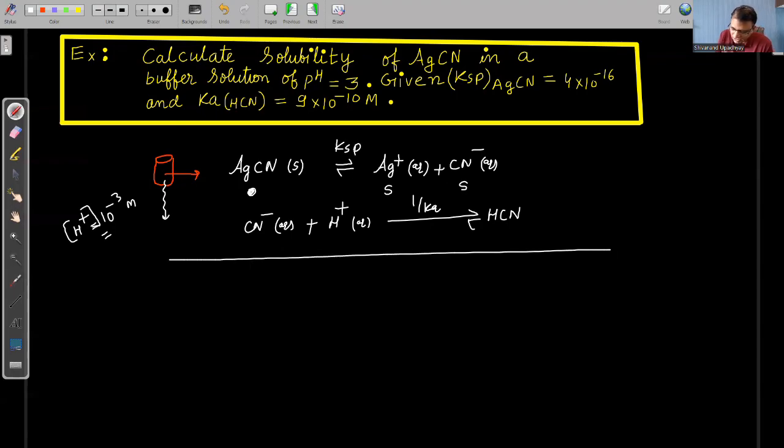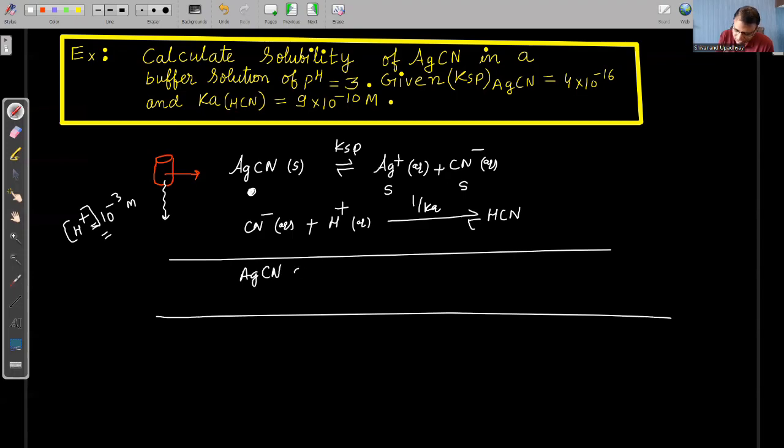And if I add these two reactions, I can write that AgCN in solid state plus H plus ion in aqueous state will form Ag plus ion in aqueous state plus HCN in aqueous state, right? So here this CN minus will react completely and convert into HCN. So from the backward direction, this CN minus will be produced.